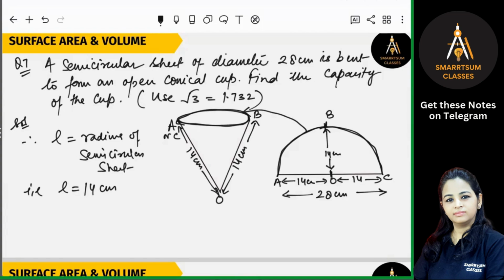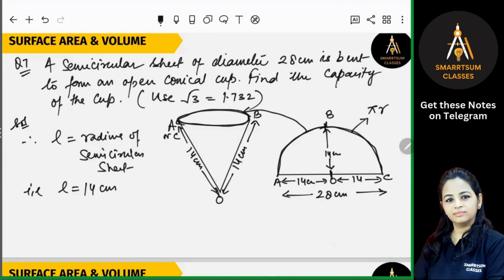If the circumference of a circle is 2 pi r, then the circumference of this arc ABC of the semicircular sheet will be equal to pi into r, right? The length of this arc will be pi into r, half of the circumference of a circle, right?